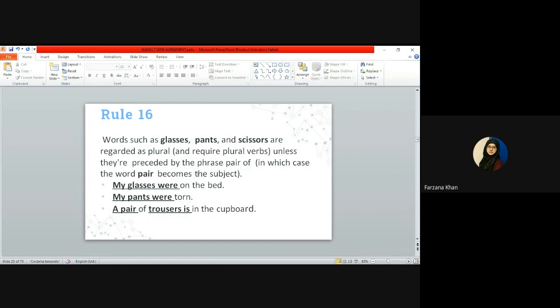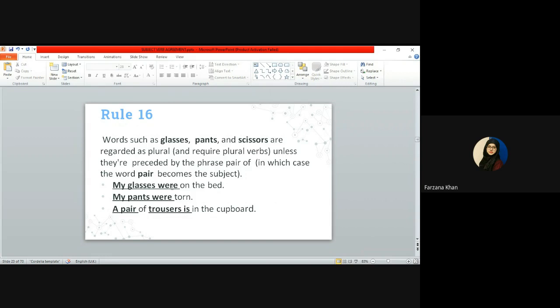Let me explain with examples. In the first sentence, you can see my glasses were on the bed. All right. So the subject is my glasses, which is plural, and it is always used in the same way, right? So we always need a plural verb with glasses, with pants, with scissors, and with trousers. That's why we have used a plural verb here.